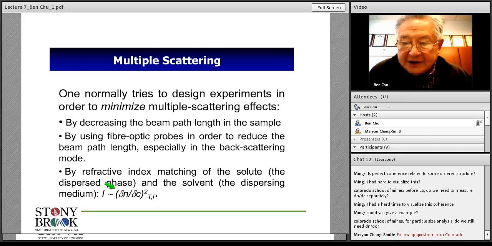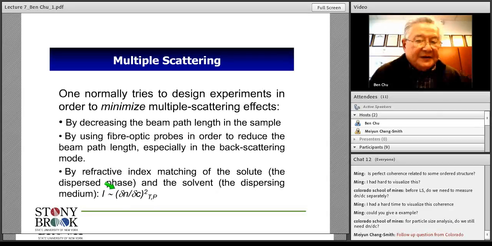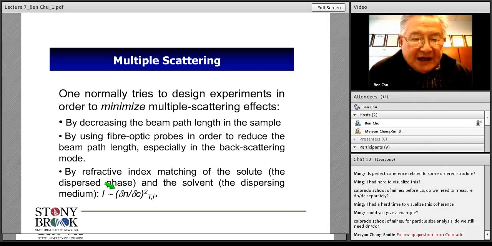For particle size analysis, do you need a dn/dc? You do not need it, because you're only looking at the size and size distribution functions. But very often you have size and you really want to change it into molecular weight.